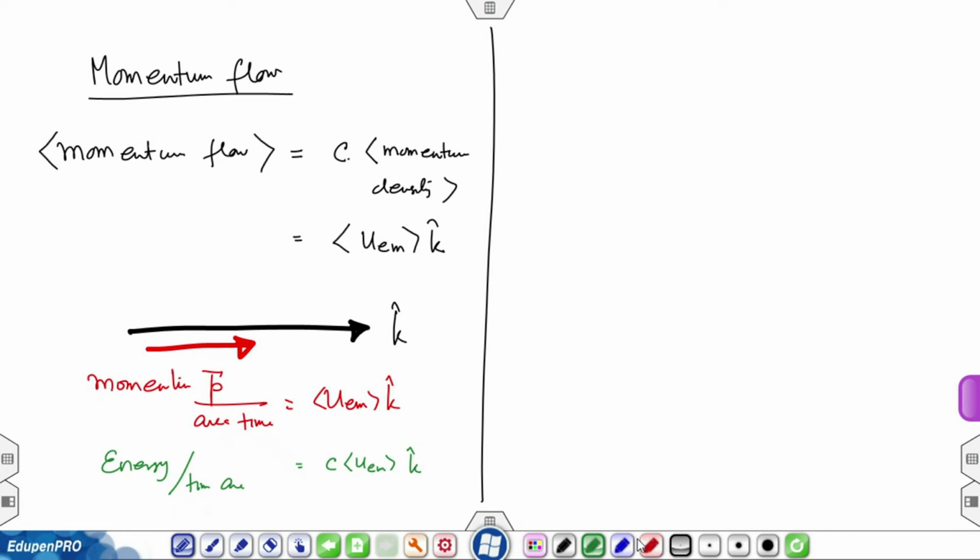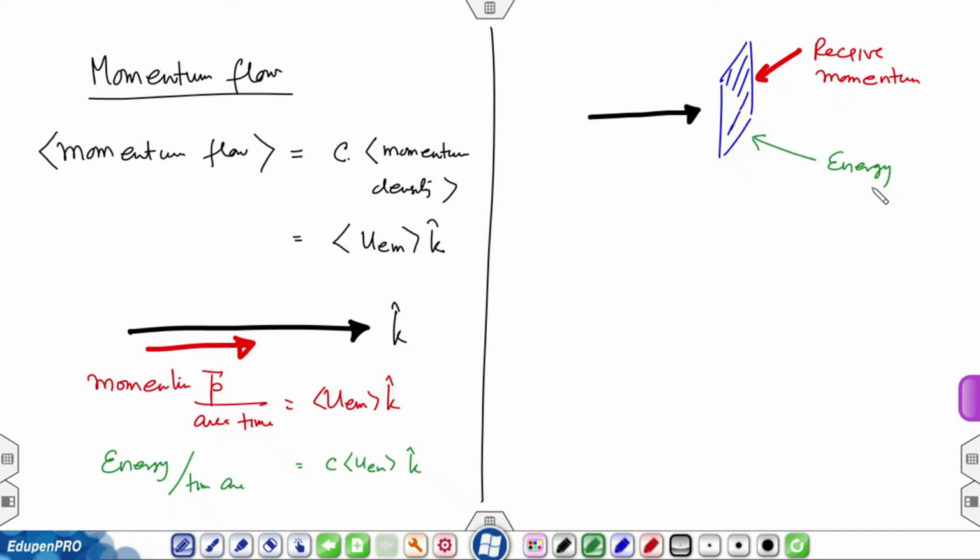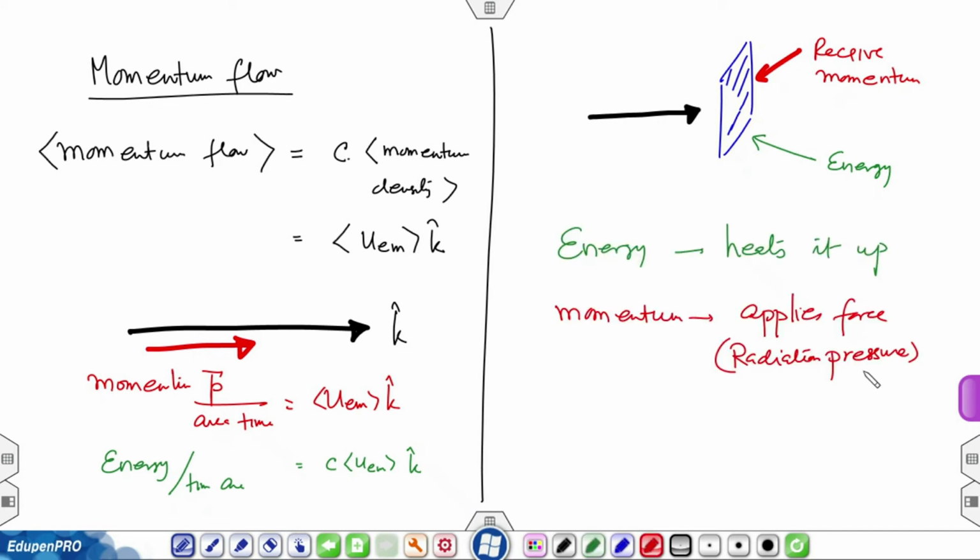So, if I put an area in front of this wave coming in, this area is going to receive momentum and is going to receive energy. Energy heats it up, momentum gives it pressure. How much will be the radiation pressure?